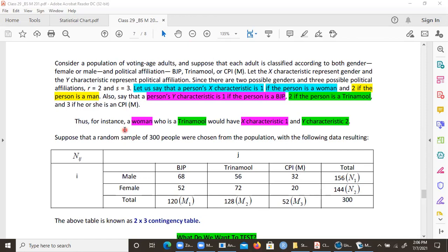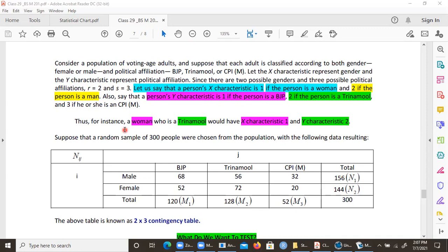What we can do is take a random sample of 300 people and, by asking them, segregate the people into two categories. First the males are taken and put aside, and the females are put on another side.